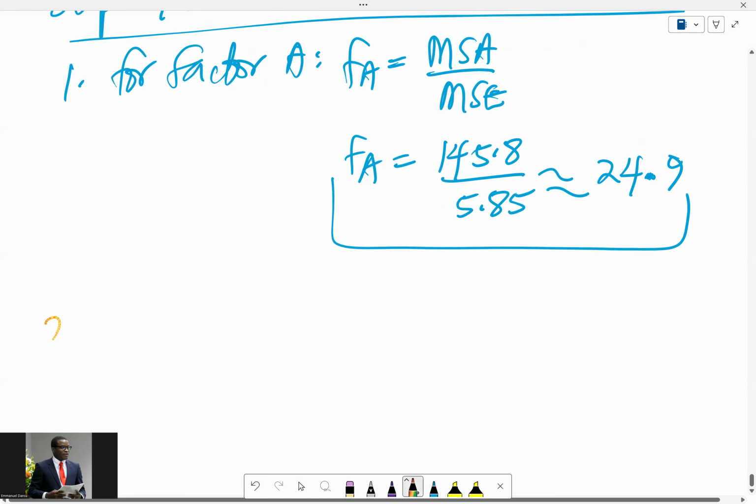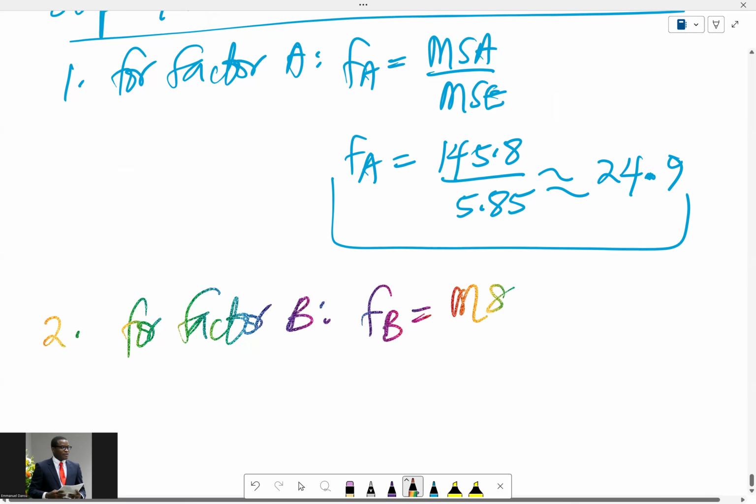Then we go for the F statistic for factor B, the class type. Factor A is the teaching method. For factor B, we have MSB divided by MSE.